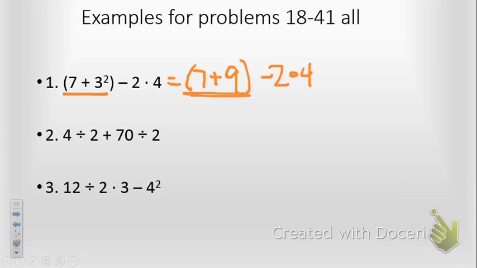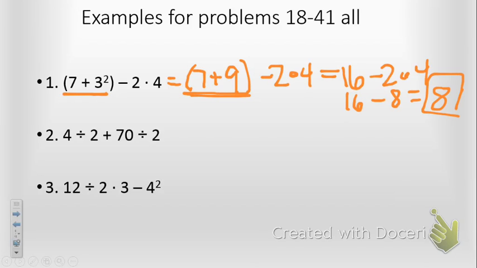Finish out those parentheses. 7 plus 9 is 16. 16 minus 2 times 4. Next step would be do my multiplication. 2 times 4 is 8. So now 16 minus 8 is 8. So the answer to number 1 there should have been 8.